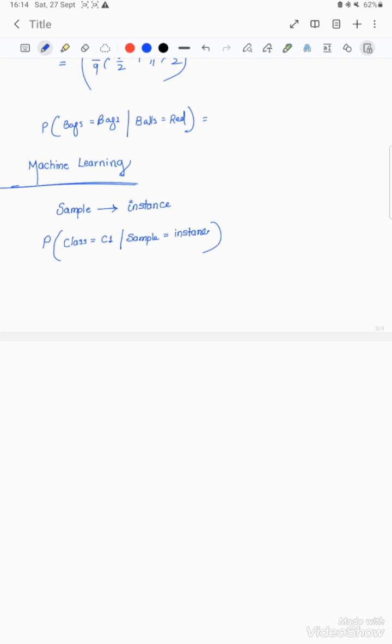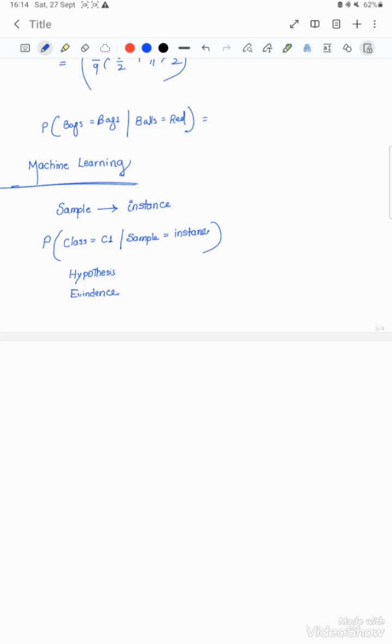Easy. So let us coin some new terms: hypothesis and evidence. A hypothesis is something like you are hypothesizing something. It shows your thoughts about this sample.